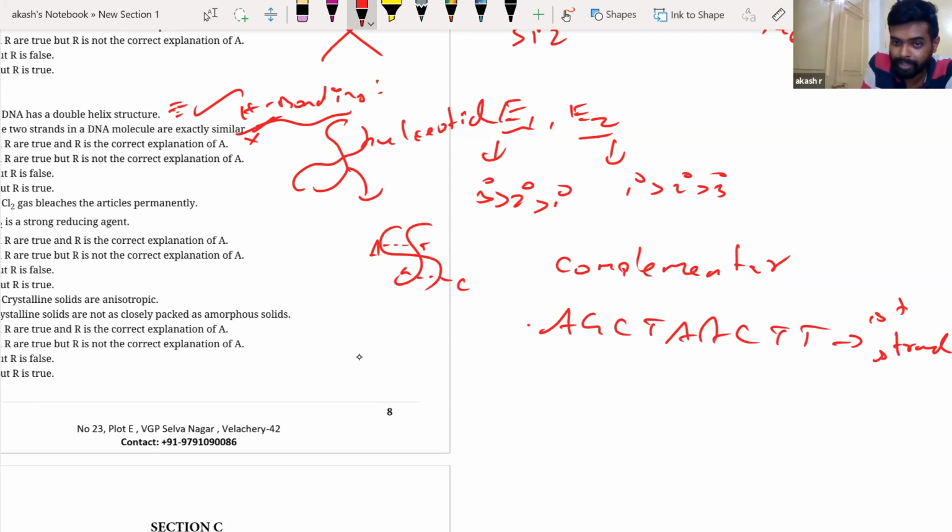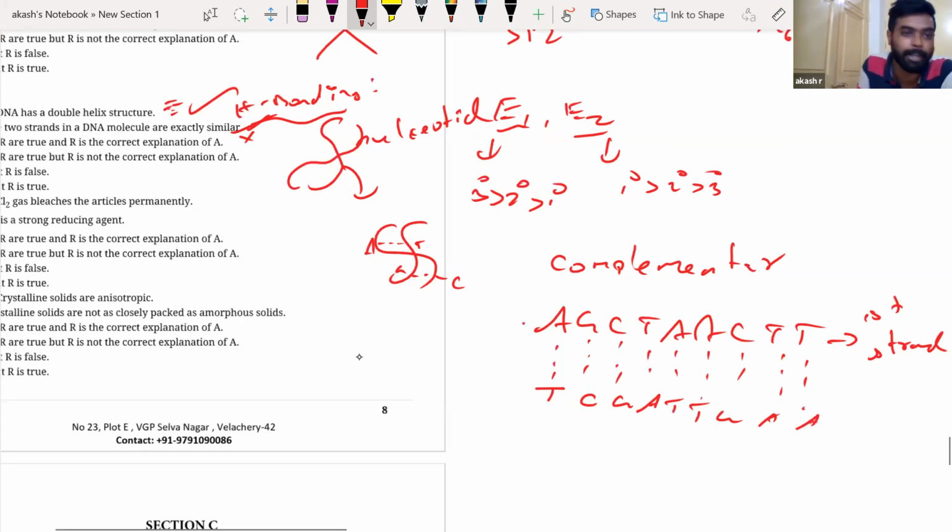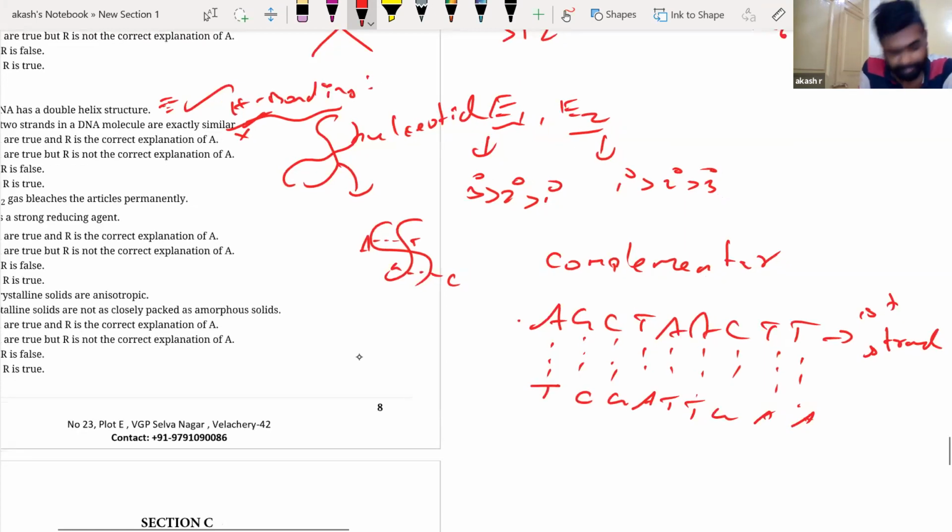So in place of A in the second strand, I should have a T. Only then can I have hydrogen bonding. In place of G, I should have a C. In place of C, a G. In place of A, a T. Again T, G, A. Hope you understand how I'm doing this. A and T, G and C, I'm just pairing them. So these two strands are complementary to each other.